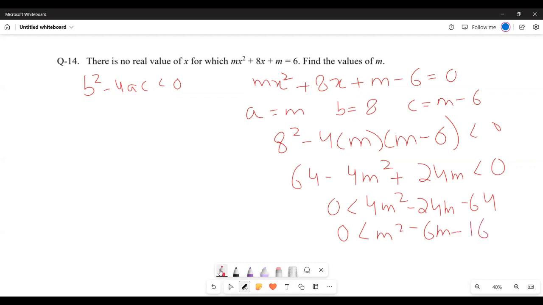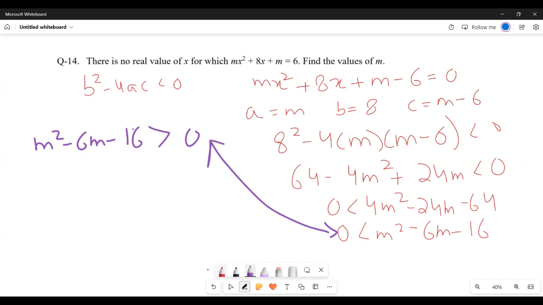So that is a quadratic inequality. Let's solve the rest of it here. m squared minus 6m minus 16 greater than 0. I've just rewritten it so that the expression is on the left-hand side and the 0 is on the right-hand side, just for giving it more clarity, although these two are exactly the same inequality. Okay, now solve it.